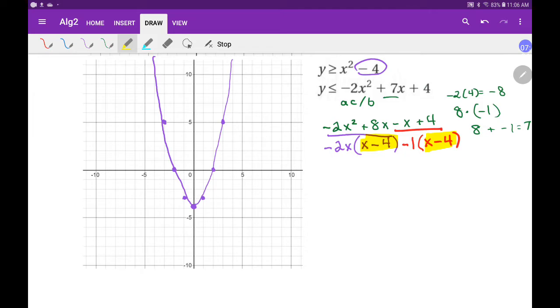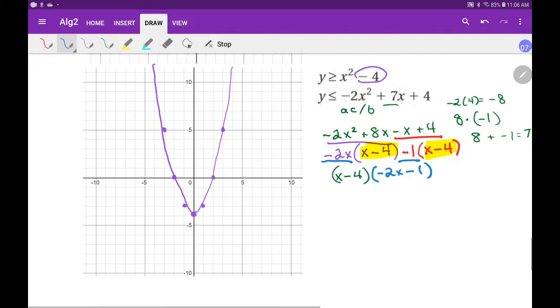And that's great. So one of our factors is x minus 4 because it showed up in both places. The other factor is going to be the leftovers, this and this. They're both negative, which is kind of weird, but that's fine.